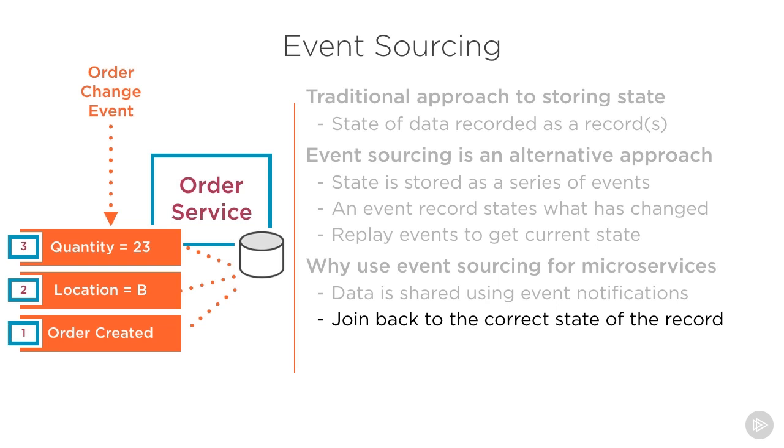I could replay events to a certain point in time to work out the exact state it was in at that point in time. And if we take this idea back to sharing data as events, all the services that are interested in a particular service's data, if they store the events that that service broadcasts in their local database, they have the same ability to work out specific values at a specific point in time.